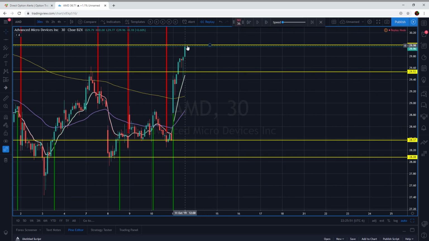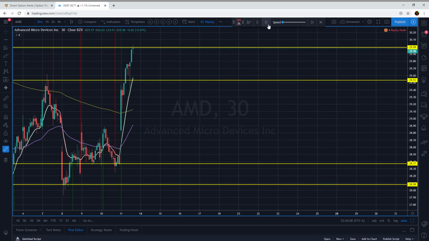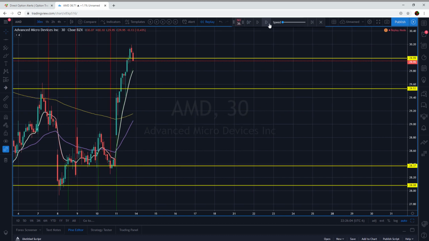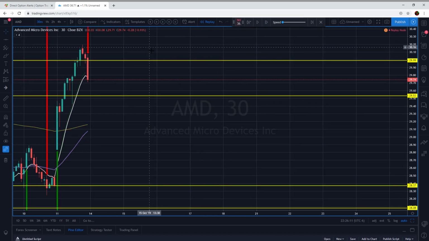Then the price is going to retrace. It's going to rest. The red arrow is about to come out. So it's rejecting. Alright, it went out. That's usually a false breakout. Boom, the red came out.